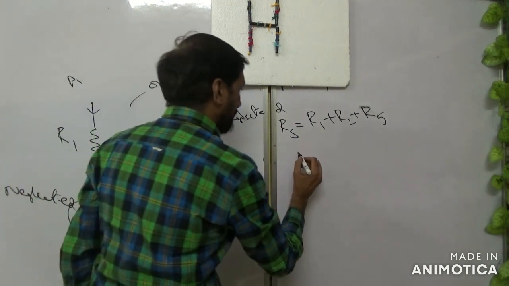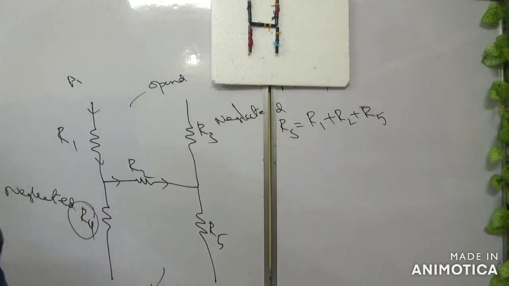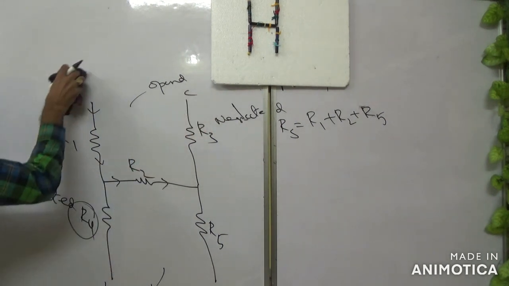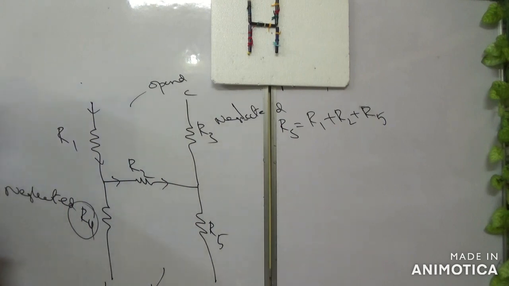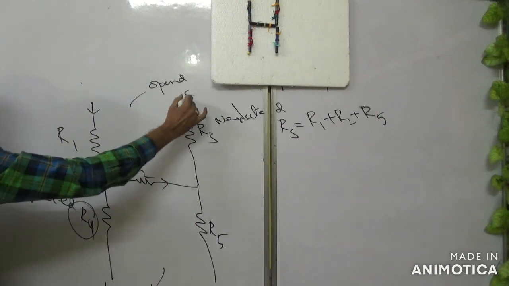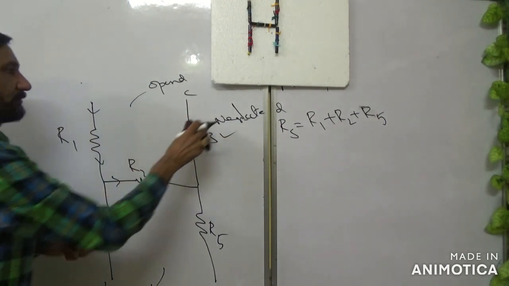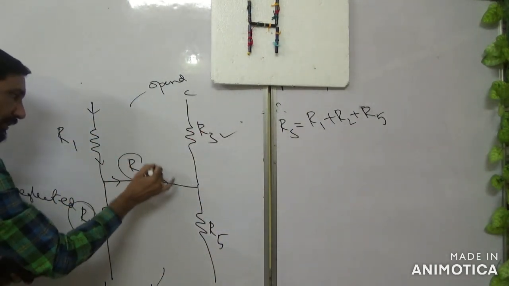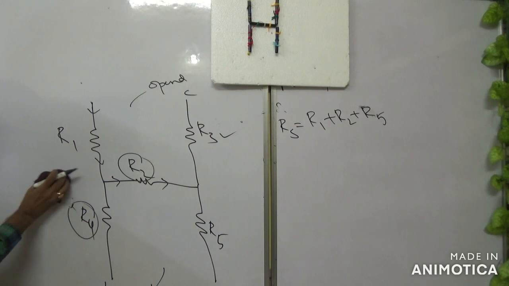So this is your problem. So you want resistance between C and D instead of AB. Okay, so this is taken. Next, this is also taken, this is also taken.